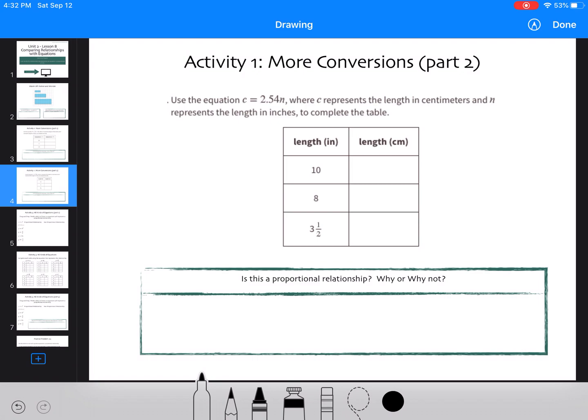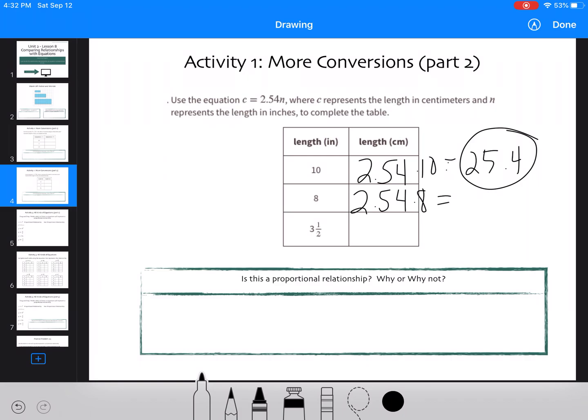So use the equation C equals 2.54n, where C represents the length in centimeters and n represents the length in inches. So I've got 2.54 times 10. That gives me 25.4 centimeters. 2.54 times 8. So I use my calculator, and I get 20.32.